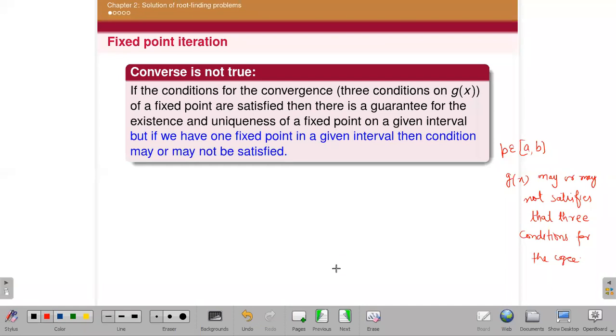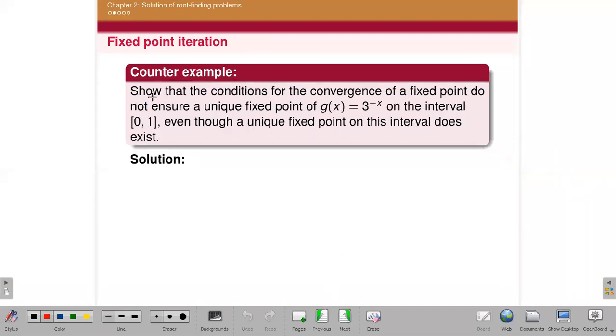Let us take one example for this. In this example, we will show that this particular g of x on the interval [0, 1] has a unique fixed point in this interval, but the convergence conditions are not satisfied by this g of x.